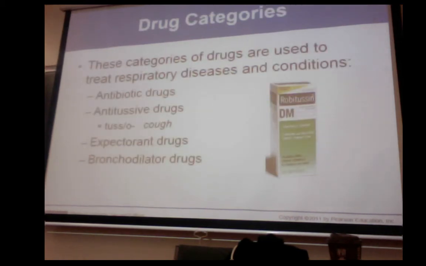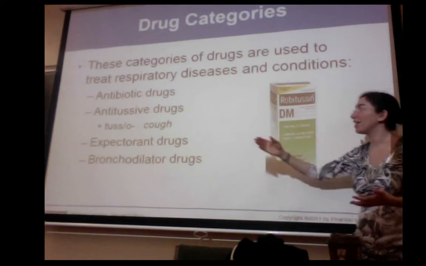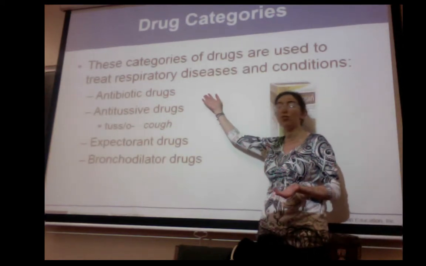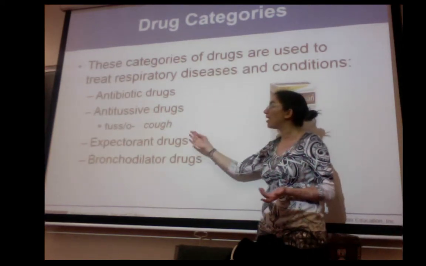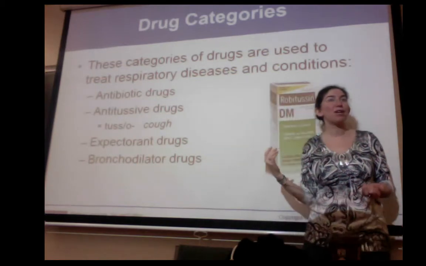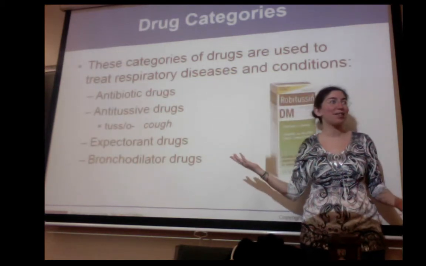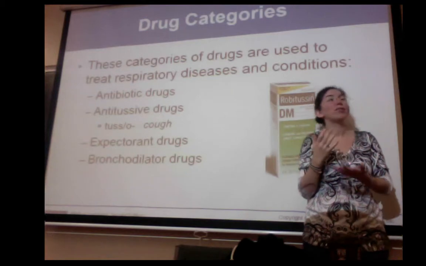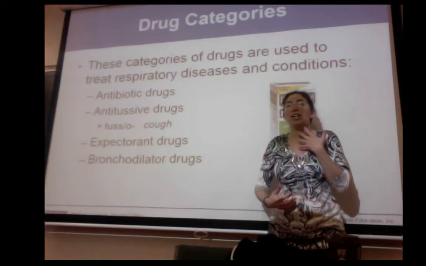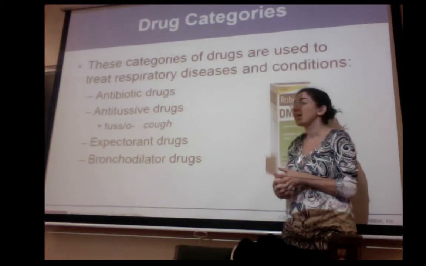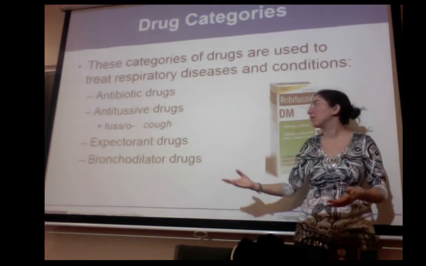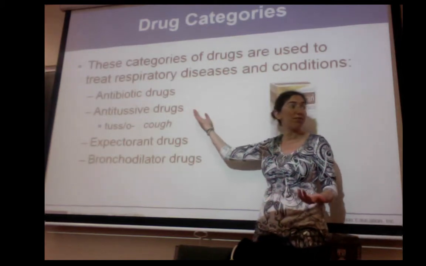And then lastly, the different drug categories. So we've already said in the last chapter what antibiotics are. They treat infections. An expectorant, like Mucinex, the classic one, helps you cough up mucus if you have a thick, mucousy chest cough. But if you have just a dry cough, you might take an antitussive.